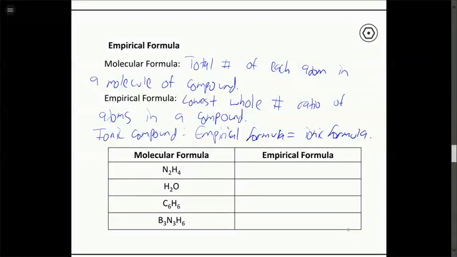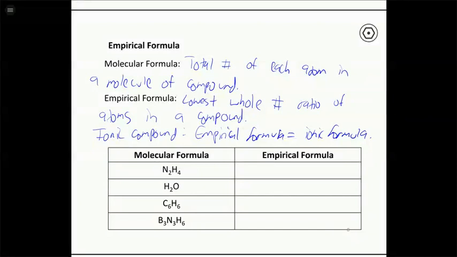And the reason for this, as we'll learn later on in the course, is that ionic compounds don't consist of discrete molecules. They consist of those formula units repeating over and over again throughout the entire structure. So we just report the lowest whole number ratio of elements for an ionic compound.